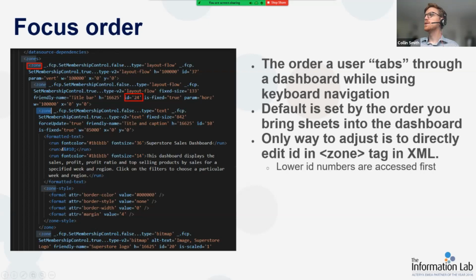So for instance, 14 will get shown before 24, which will get shown before a higher number. The lower the ID number is, the earlier it will be in the layout. Sophie's going to drop a link in the chat that goes into much more depth about how you can edit this yourself if you've already got a dashboard created and you want to change that focus order.